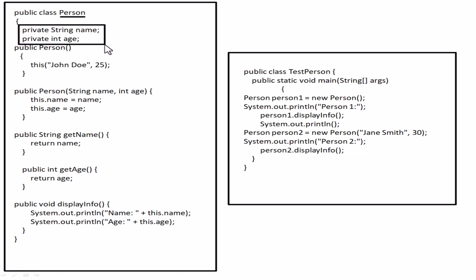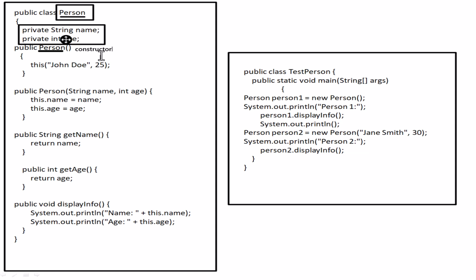So two attributes we are using, name and age. Now here we have defined public Person. Person is the name of the class. Whenever you define a method with the same name as the class name, it is called a constructor.